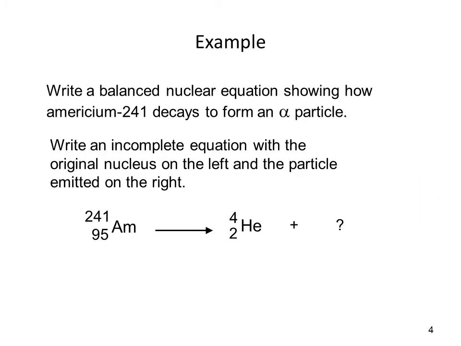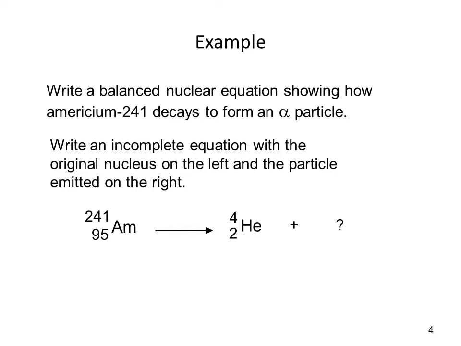Let's look here at an example of how you can write a nuclear reaction. The statement says, write a balanced nuclear equation showing how americium-241 decays to form an alpha particle. The way that you're going to do it is you're going to start by writing americium-241 as the reactant.